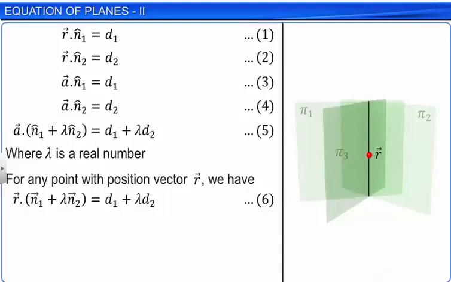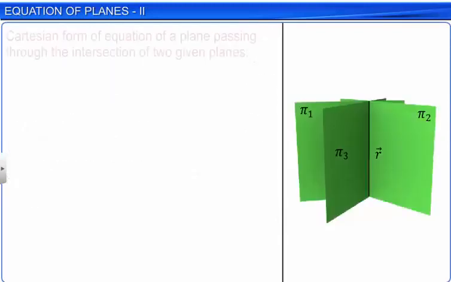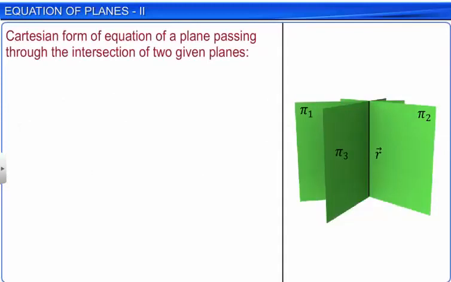An infinite number of planes can pass through the line of intersection of planes pi1 and pi2 for different values of the scalar lambda. Now, we will derive the Cartesian form of the equation of plane pi3 passing through the intersection of planes pi1 and pi2.